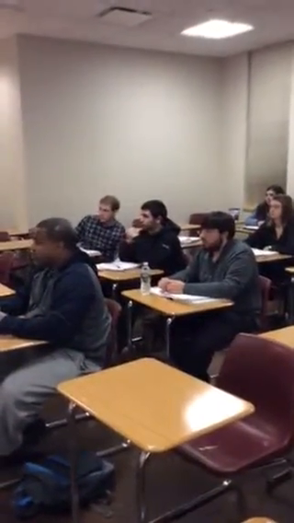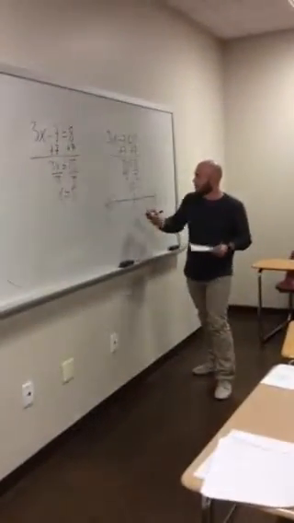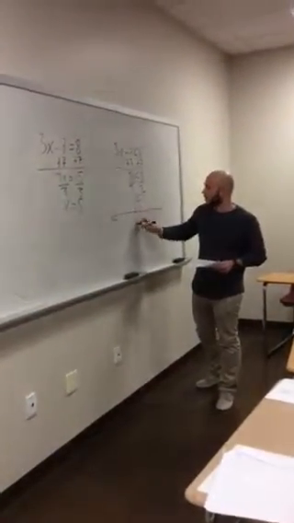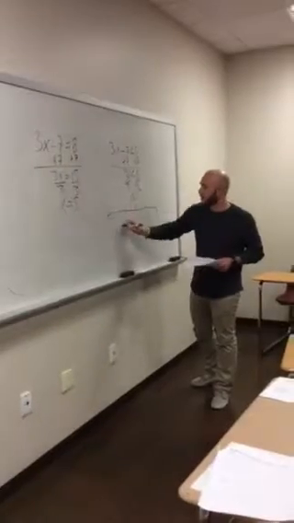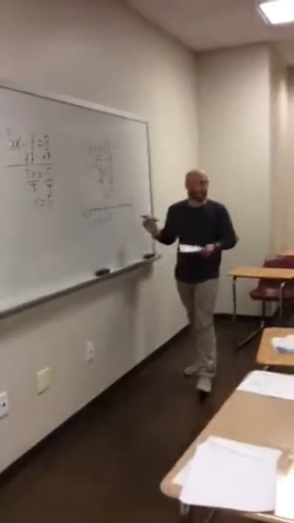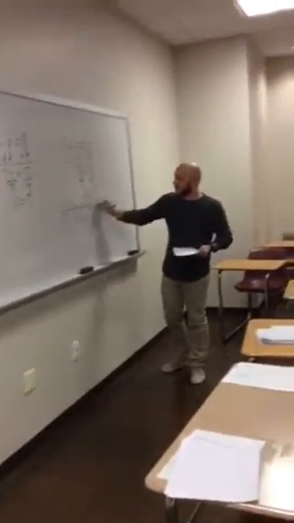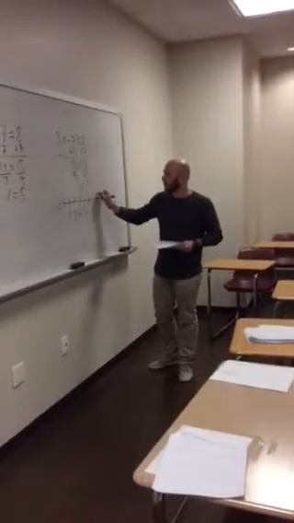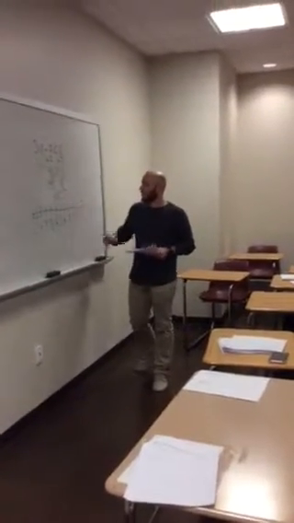Like 4, 3, 2, 1. Yeah, so we could start at 5 in the middle and then go down to 1. So 4, 3, 2, 1. But then we also want to go in the other direction. So we're going to go up to 6, 7, 8, 9.